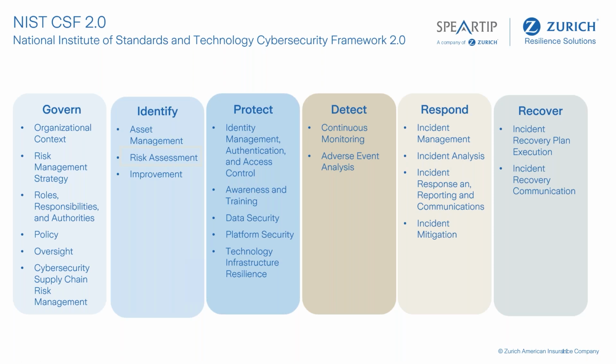It's based for all critical infrastructure. It used to be 5 functions, now it is 6. They specifically carved out governance, or Govern. It used to be part of Identify. It was Identify, Protect, Detect, Respond, and Recover. Now it's Govern, and the other 5 stayed the same.